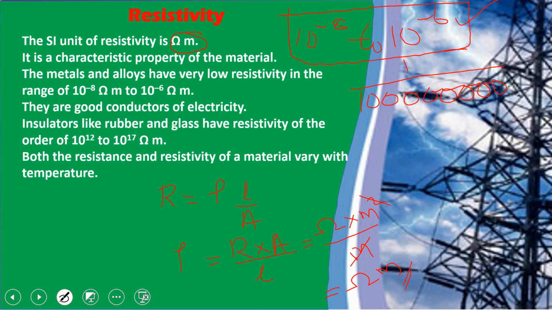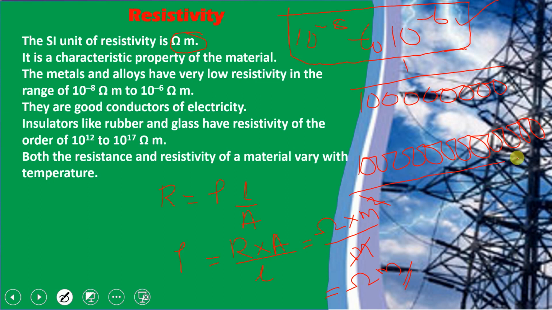Now the insulators. Insulators normally do not allow current to pass through them. The resistivity of insulators is 10 raised to 12 to 10 raised to 17. 10 raised to 12 means 1 followed by 12 zeros: 1, 2, 3, 4, 5, 6, 7, 8, 9, 10, 11, 12.